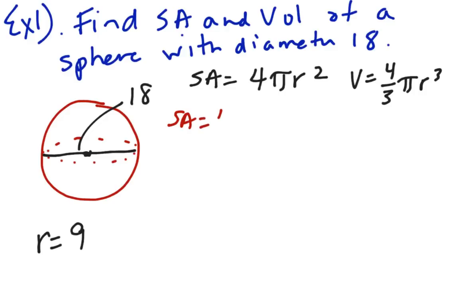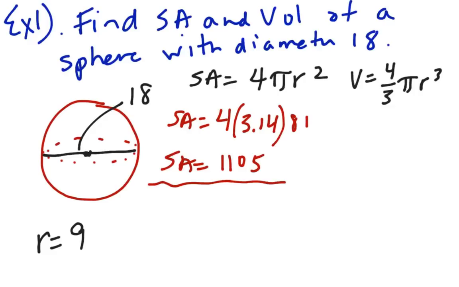Surface area equals 4 times 3.14. I'm rounding pi. And 9 squared would be 81. Once you do that calculation, so when you plug that into a calculator, you get 1,104 point something. It rounds to 1,105. There's another thing you can always do, which you might be familiar with, which is leaving your answer in terms of pi.